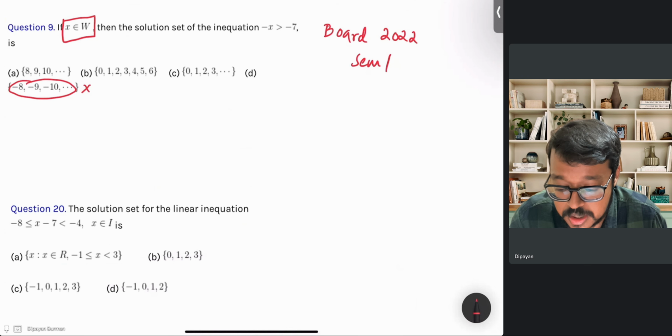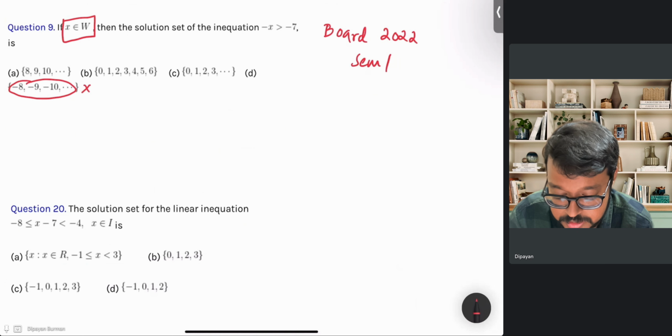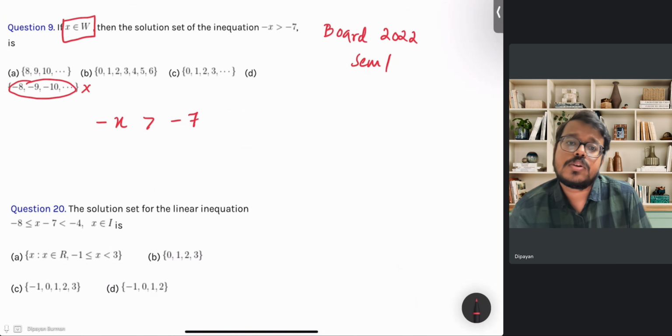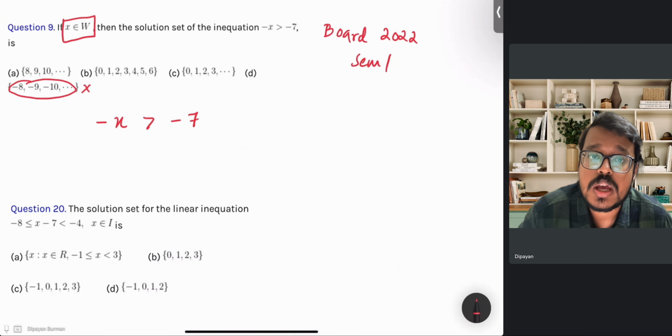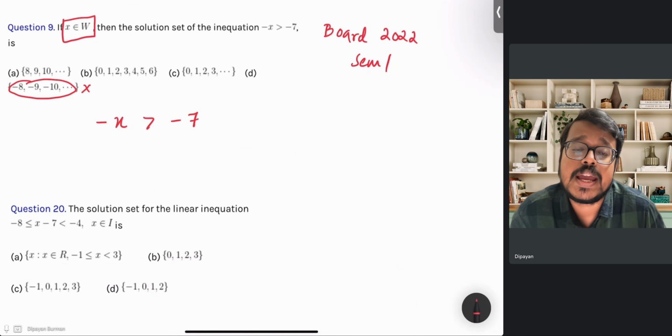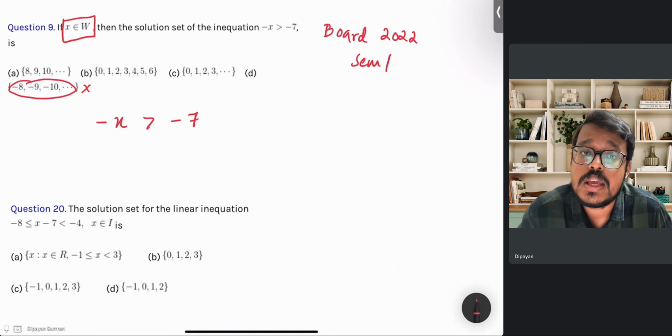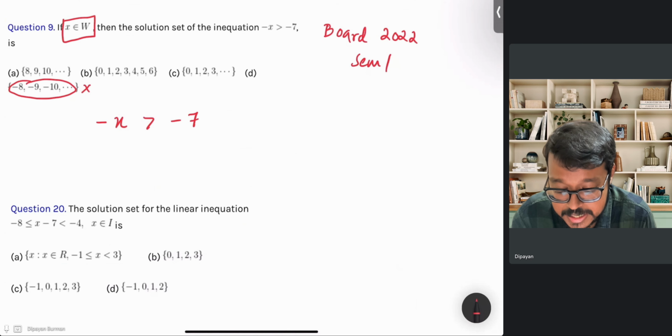Now the inequation itself is minus x greater than minus 7. I want the inequation to be x is something, right? I don't want minus x. So I can either change the sign on both the sides, or I can multiply or divide with minus 1 so that I get x is something.